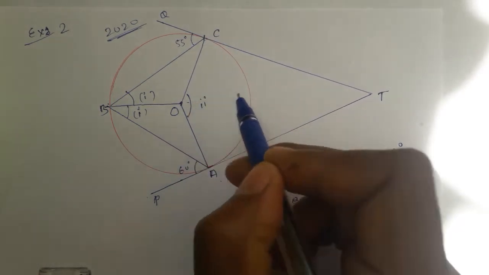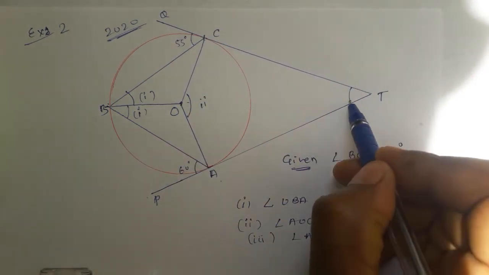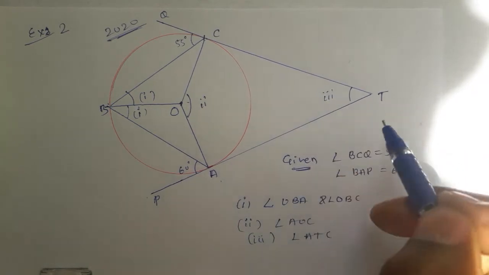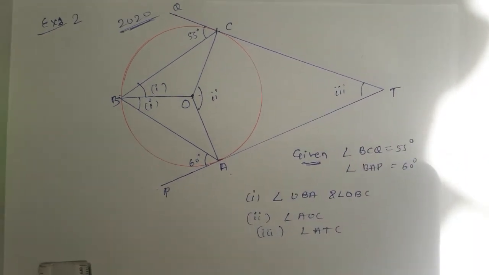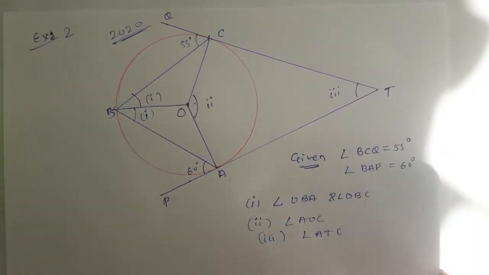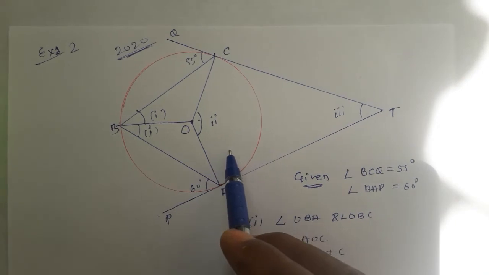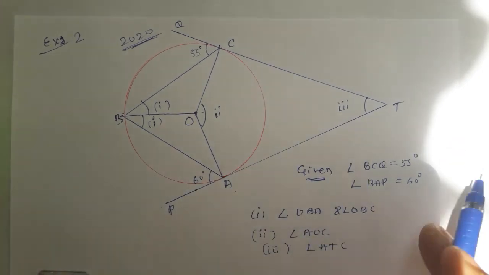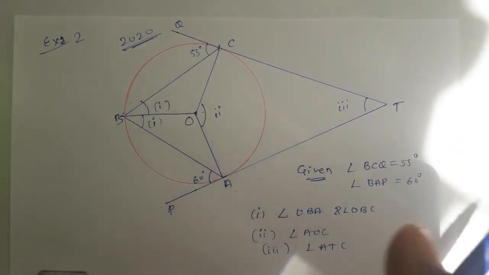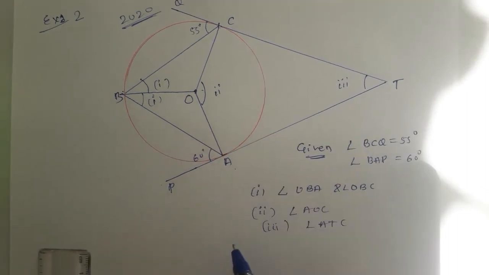This is the second sub question. Third one is ATC, your third sub question. We'll find all three by using two important theorems from the tangents, because the third theorem is to find length, as well as 5 theorems from the circle. So don't forget to use the 5 theorems from the circles as well.